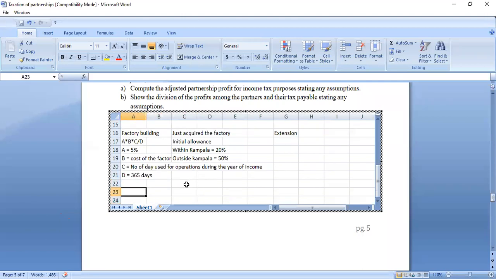So a scenario is, if you have a factory, maybe you bought a factory building maybe 200,000, 2 years ago, and this year made an extension.